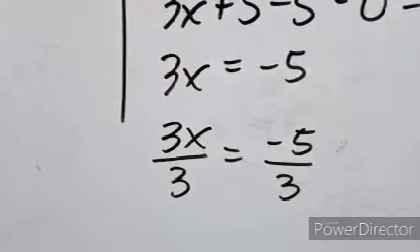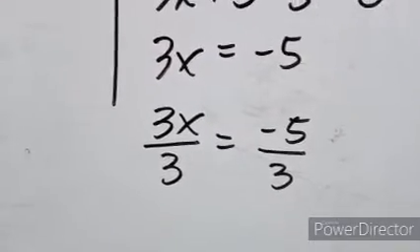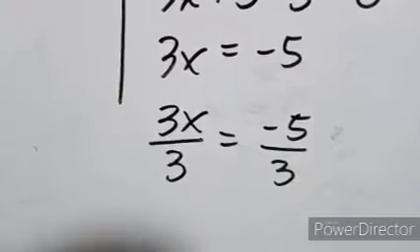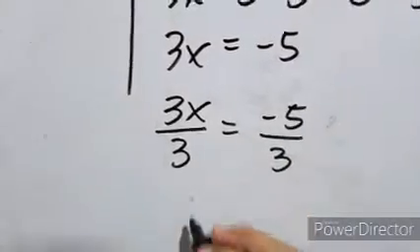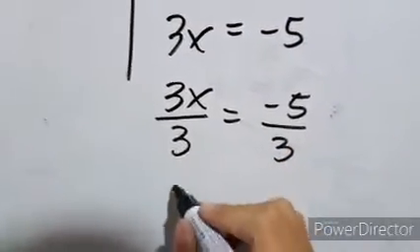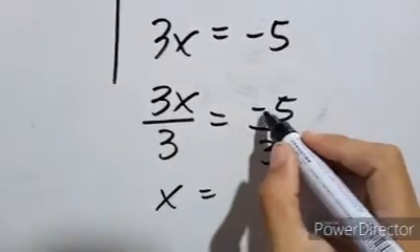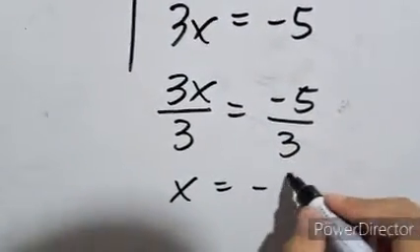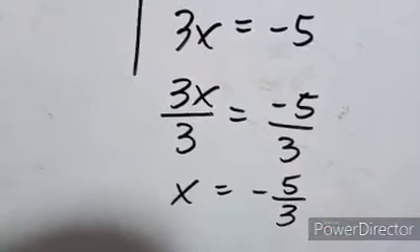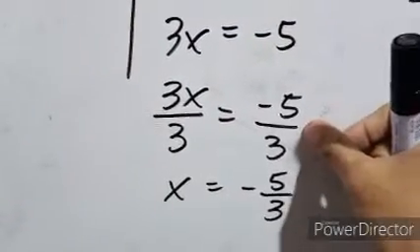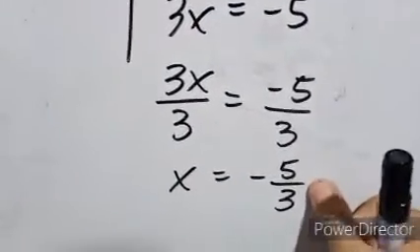So, anong property siya? Multiplication property. So, ang ginawa natin dyan, nag-multiply tayo ng 1 over 3. So, 3x divided by 3 ay x. Negative 5 divided by 3 ay negative 5 over 3. So, hindi natin siya ma-simplify. Yan, sagot natin ay magiging fraction.